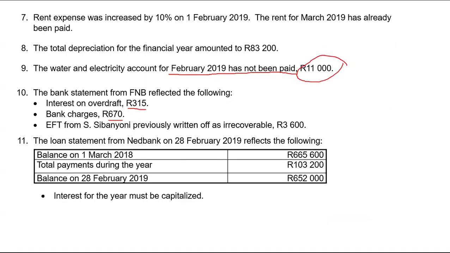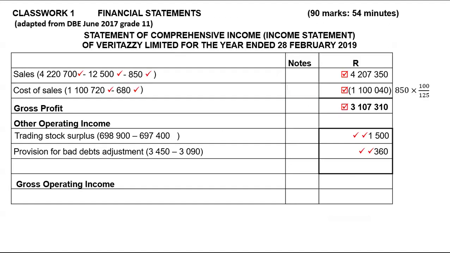They said here in the third point in number 10 that S. Sibanyoni, who was previously written off as irrecoverable, decided to pay us back. So that 3,600, we're going to record it as bad debts recovered under operating income.